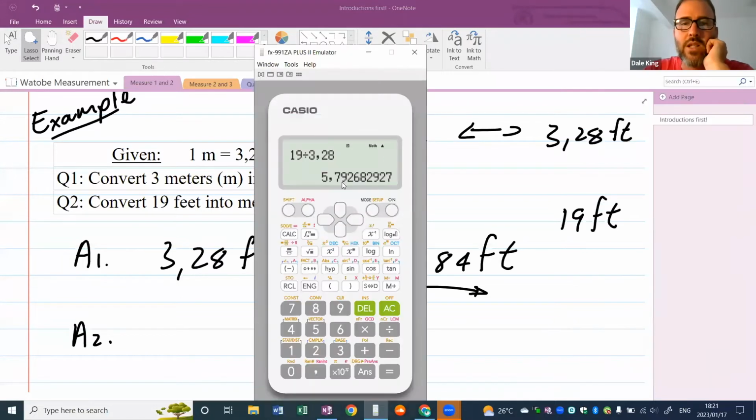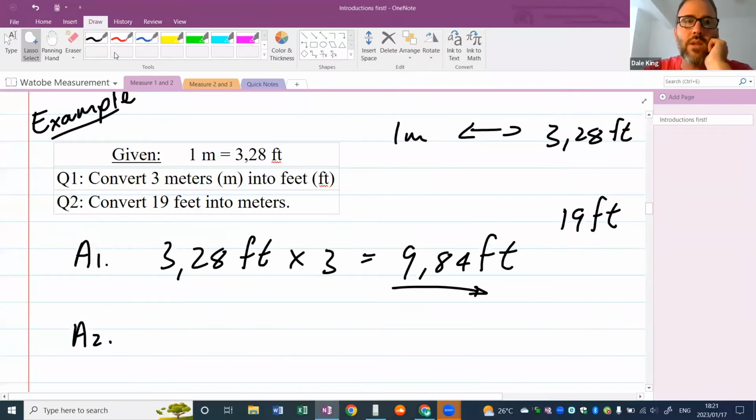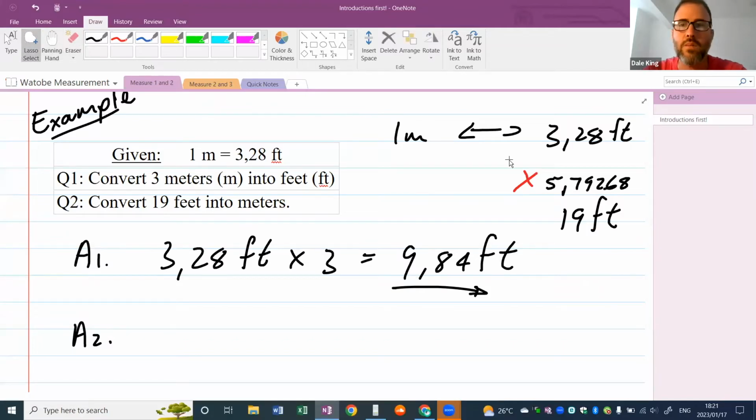I'm going to write some of those decimals out. 5.79268. I have to remember that. So from 3,28 to get to 19, I'd have to multiply by this. I'd have to multiply by 5.79268 to get to 19. Okay, so just remember that.